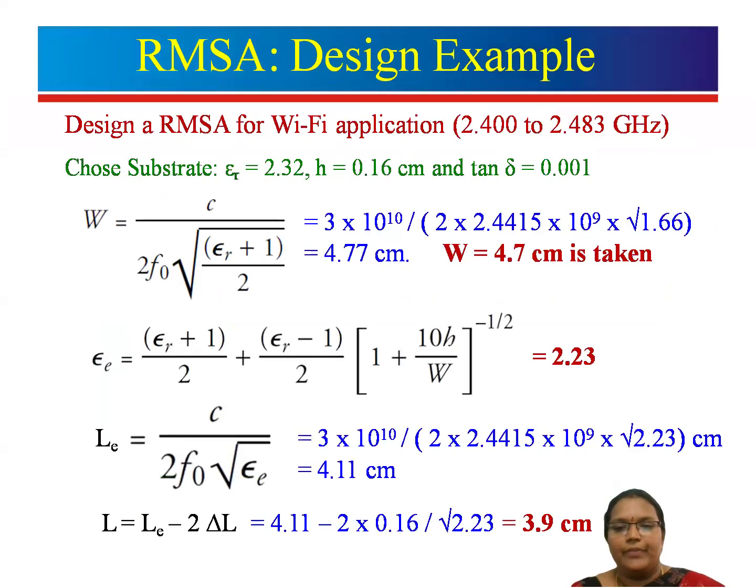So the effective values of the length and width here we obtained are 4.11 centimeters and 4.7 centimeters. So this is the design example for a rectangular microstrip antenna.